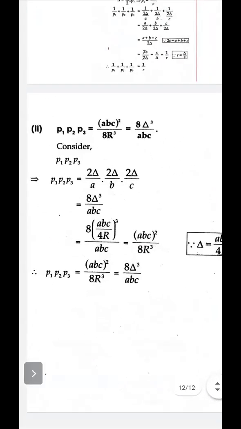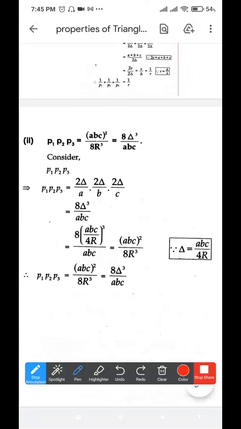Over here, P1 into P2 into P3 is equal to 2 delta by A into 2 delta by B into 2 delta by C. Multiply them, you'll get 8 delta cube by ABC. All right. Then delta is equal to ABC by 4R. From here, what can we do?